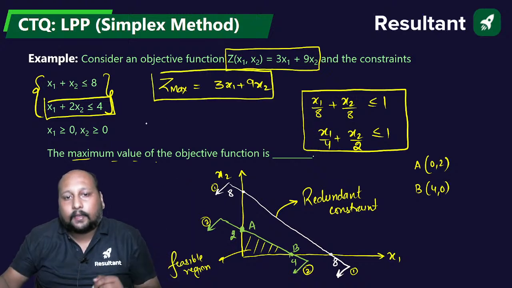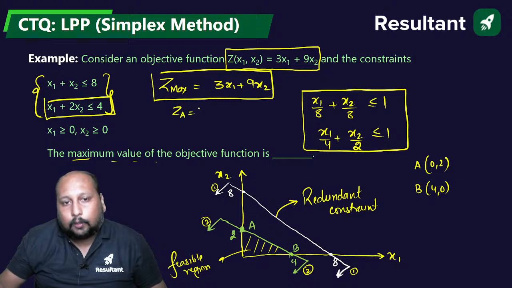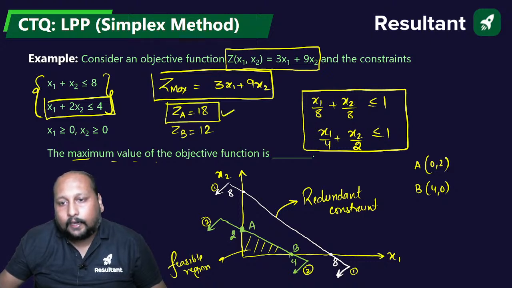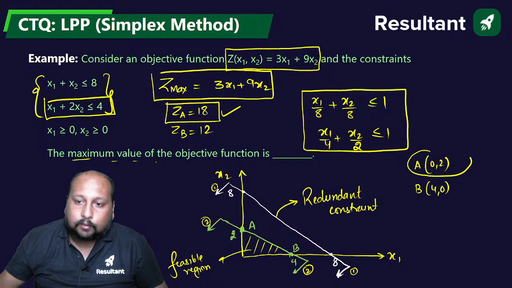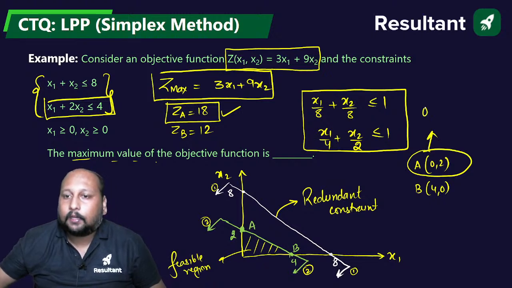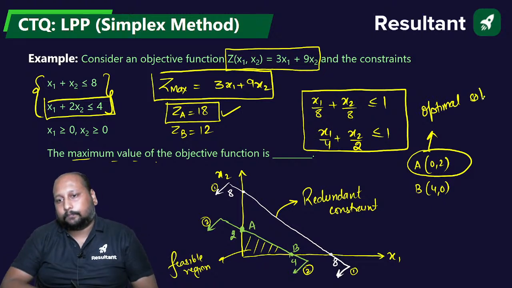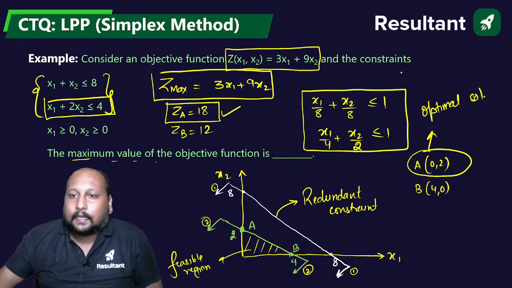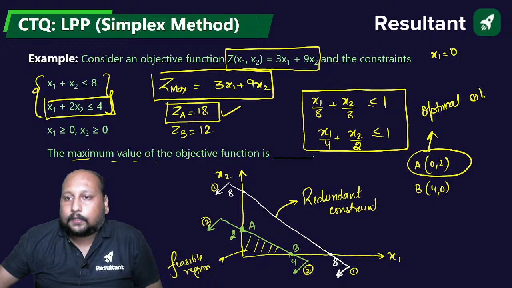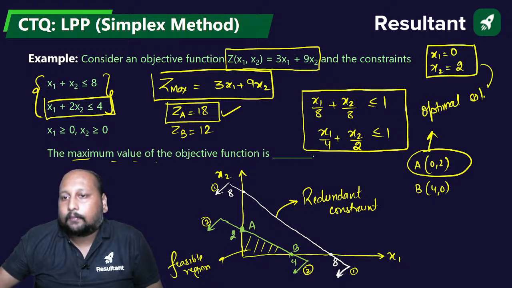When you place them over here, ZA is equal to 18 and ZB is equal to 4 3s are 12. So the maximum value we get is at point A. So this is my optimal solution. Clear? That means x1 equal to 0 and x2 equal to 2 is my optimal solution.